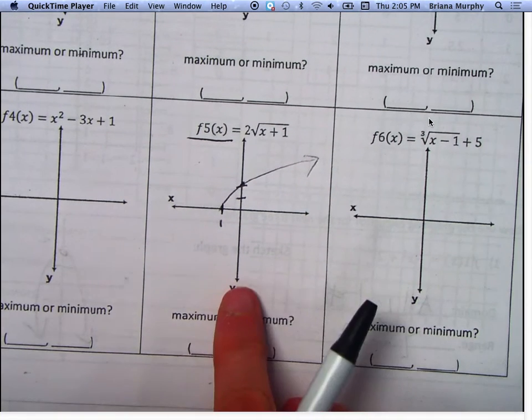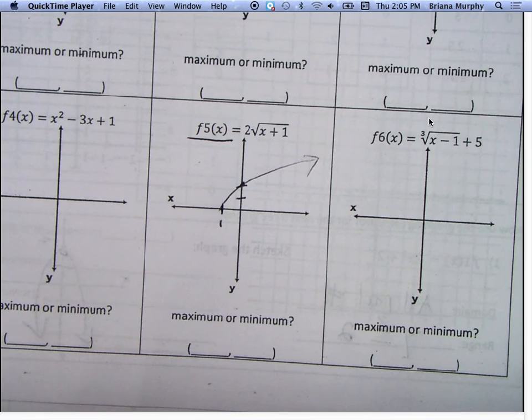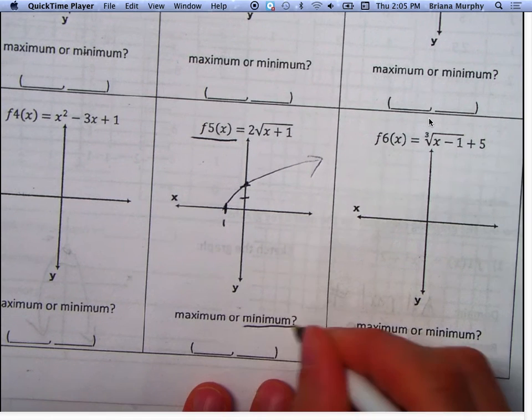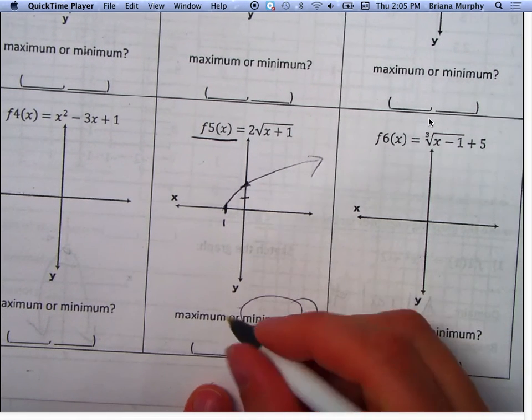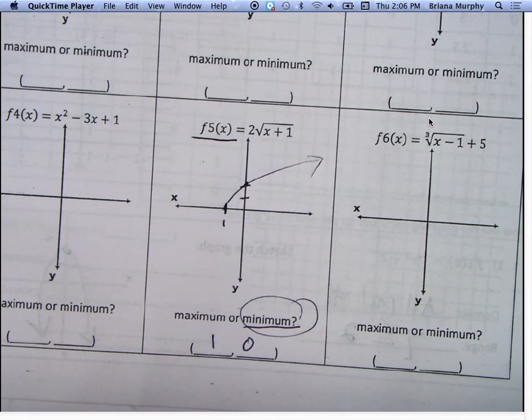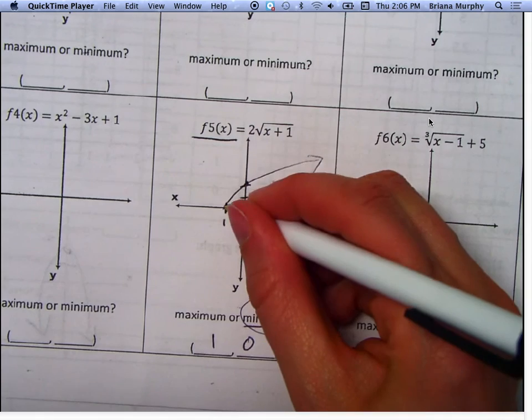Is there a minimum or maximum for this? Maximum? No, none. What can it not go below? 0. So this is kind of the minimum, at negative 1, 0. It can't go below this point.